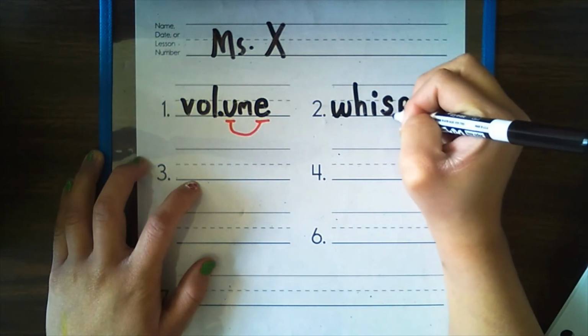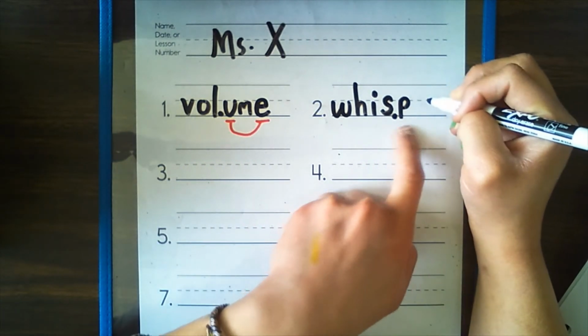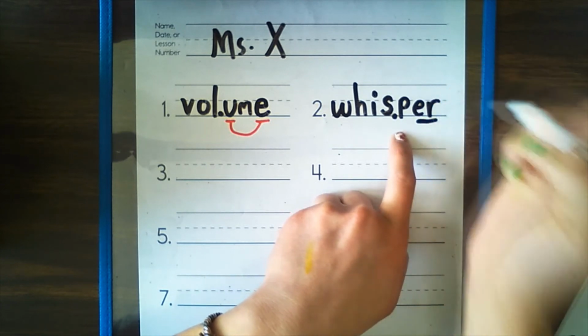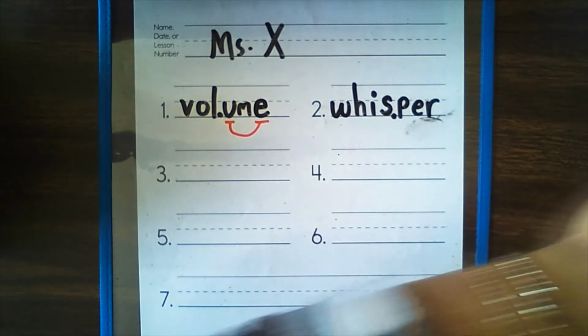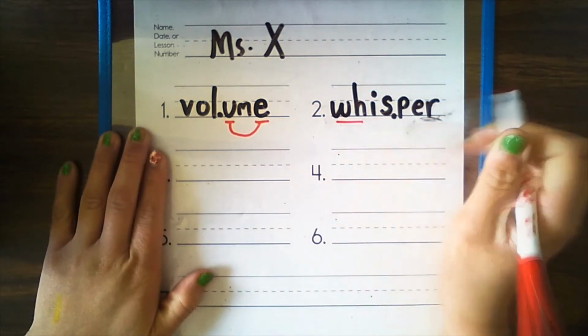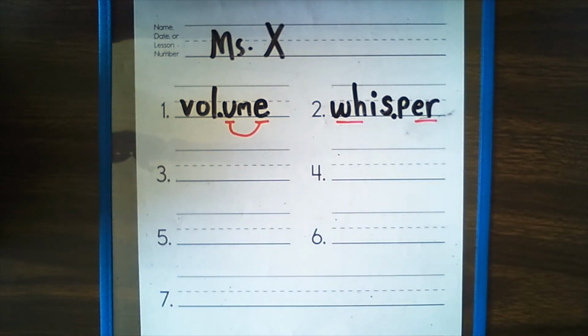Whis, and our second syllable is per. Whisper. We're going to underline our sound there, which is the ER. We're also going to underline our WH sound. Great job.